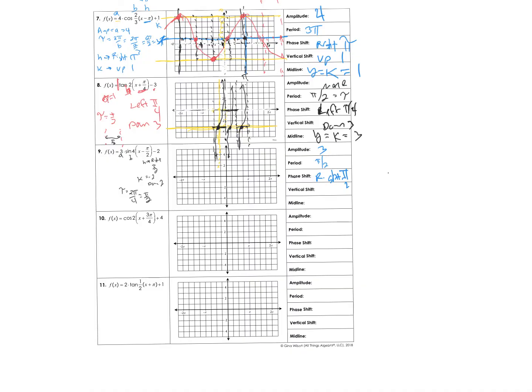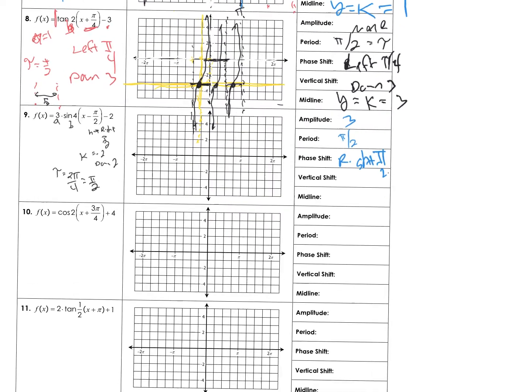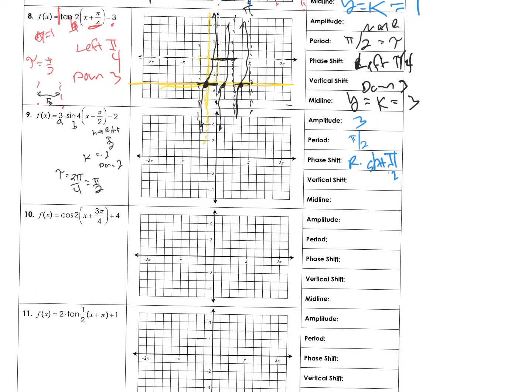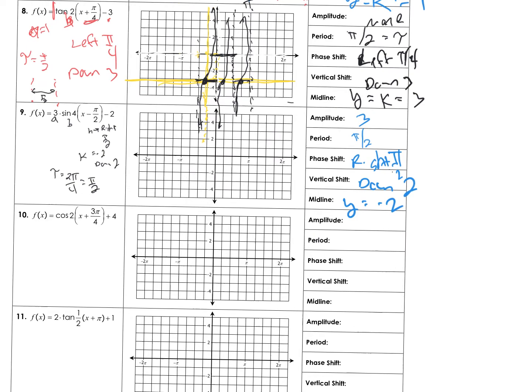My vertical shift is supposed to be down 2. Midline, y equals a negative 2. So let me draw my axes.